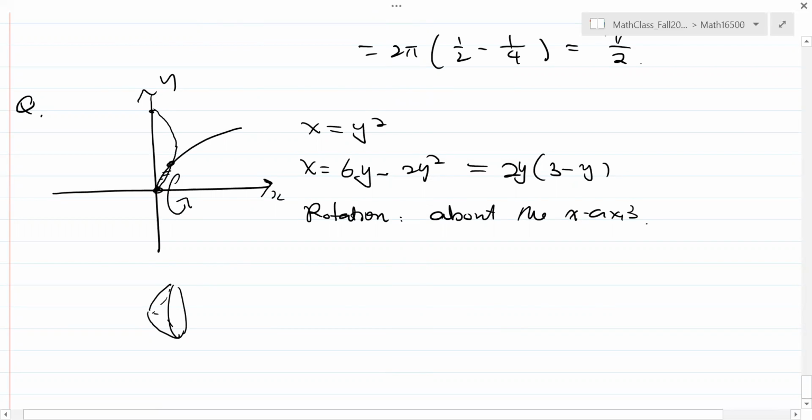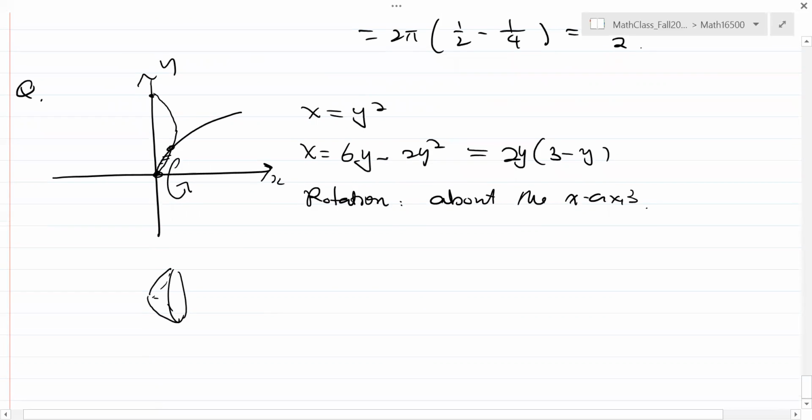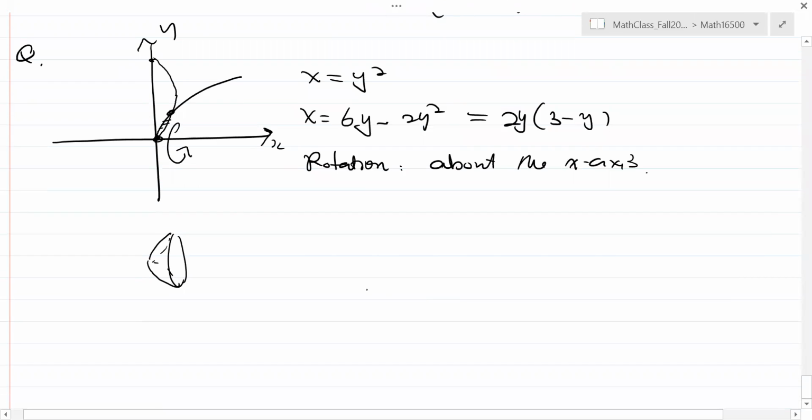I think it's easy to figure out the x for the same y value. Okay, so the best way to solve this problem is using cylindrical shells. Yeah, I have to resketch the graph.